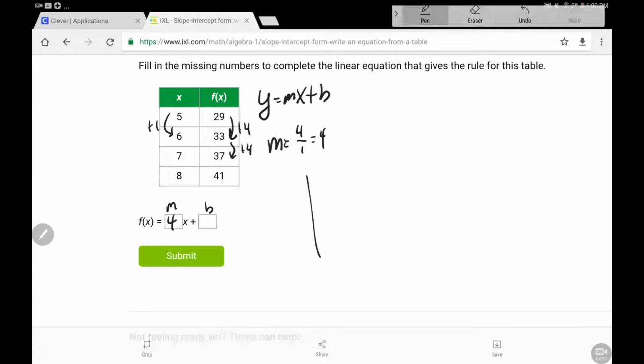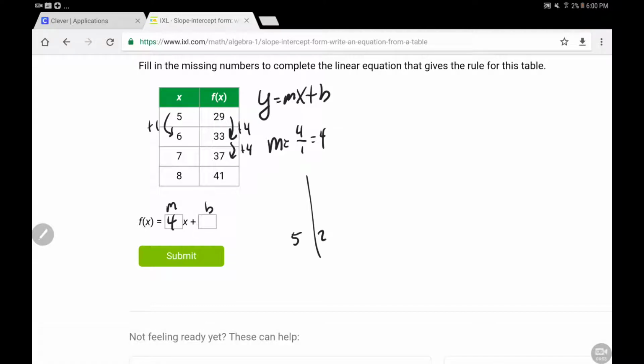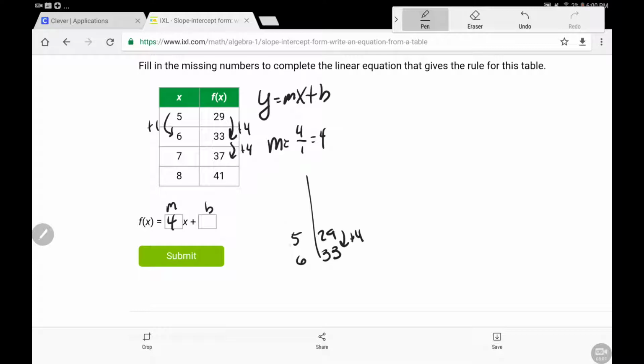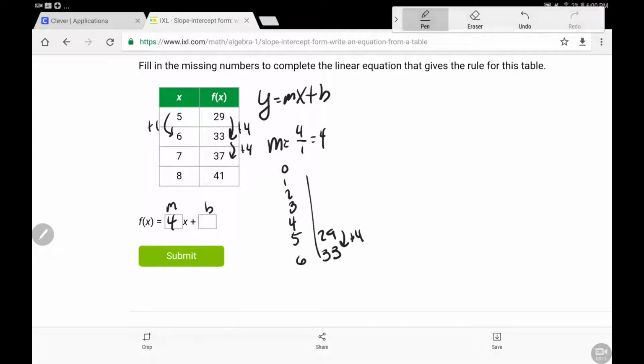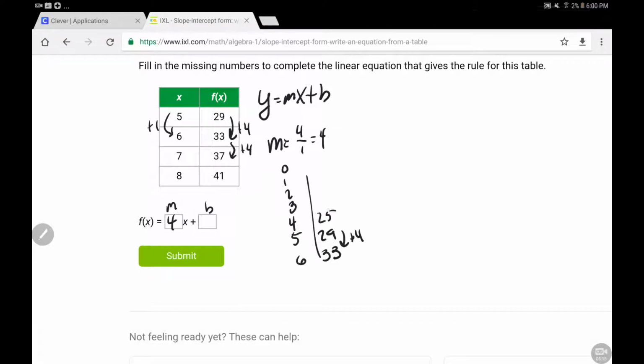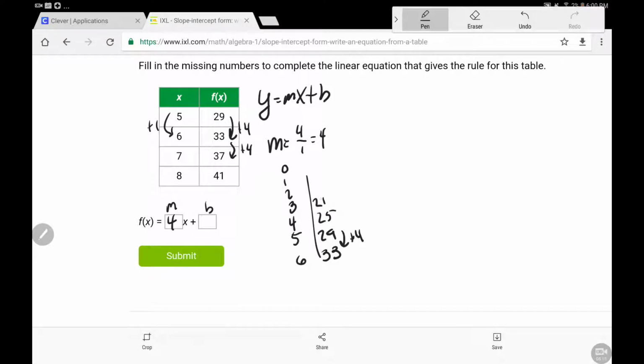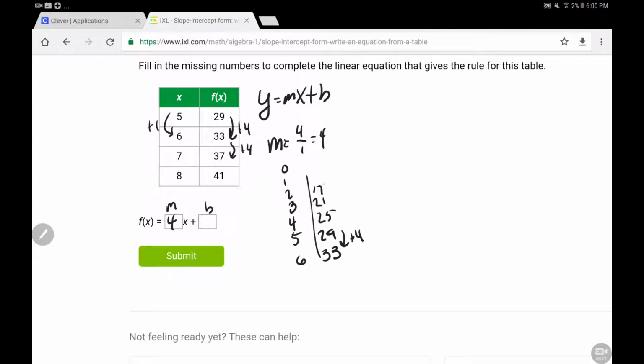So since I'll run out of room, if I'm at 5 and 29, 6, 33, again, this is going up by 4. So we're going to have to go backwards differently. On the x side, we just go 4, 3, 2, 1, 0. So to go backwards, we can go 25, 21, because we're subtracting 4 now, 17, 13, and 9.